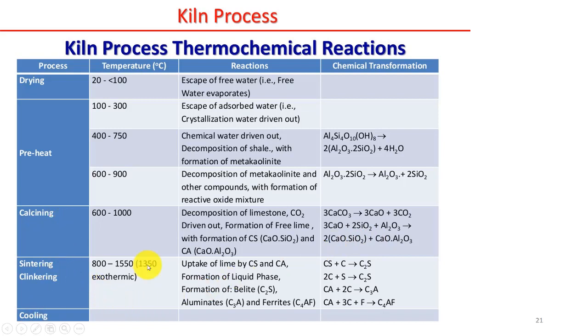After the calcination, the products become so reactive, and when the products go up to the sintering stage, the sintering temperature zone of the kiln between 800 and 1450 degrees Celsius, the belite and alite, which are basically the dicalcium silicate and tricalcium silicate respectively, are formed along with tricalcium aluminate and tetracalcium aluminoferrates.